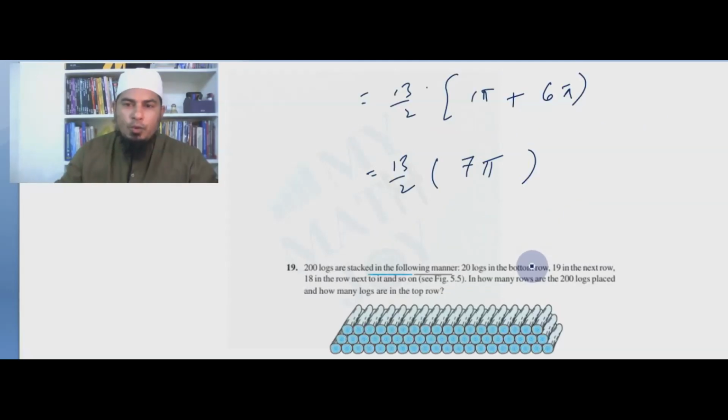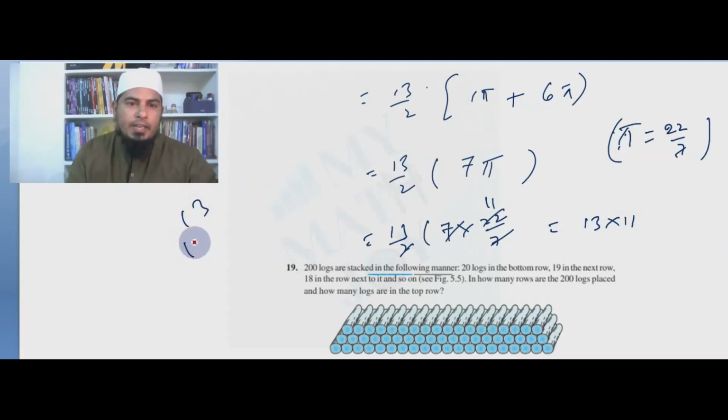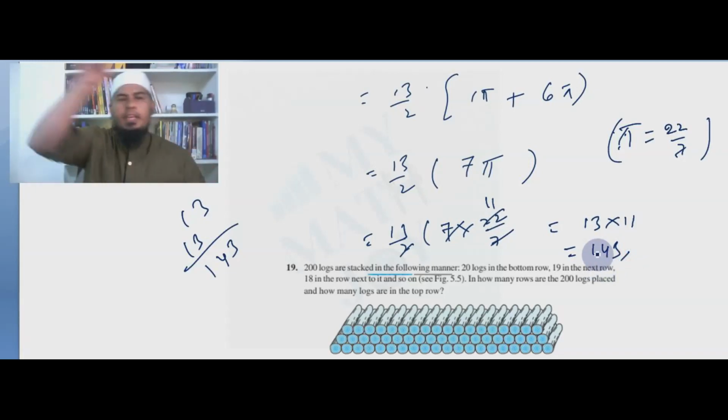If we use pi as 22 by 7, 13 over 2 times 7 times 22 over 7, the 7s get cancelled. 2 times 11, 13 into 11 we need to do. 13 into 11 is 143. We got the answer: 143 centimeters is the length of the spiral made with 13 consecutive semicircles.